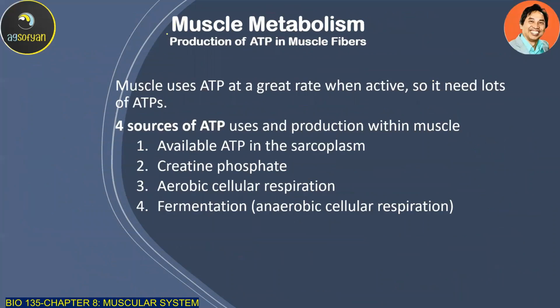Okay, now we go to muscle metabolism, which is the production of ATP. Remember, ATP is required in order to start the pulling of the actin by the myosin head. Now, where is the ATP coming from? There are four sources in the muscle cell.